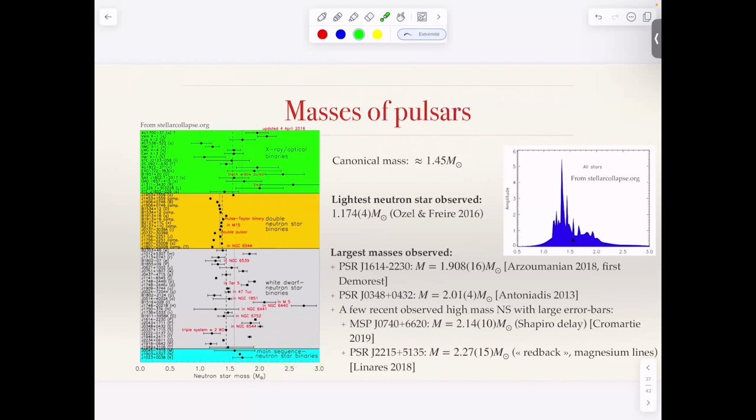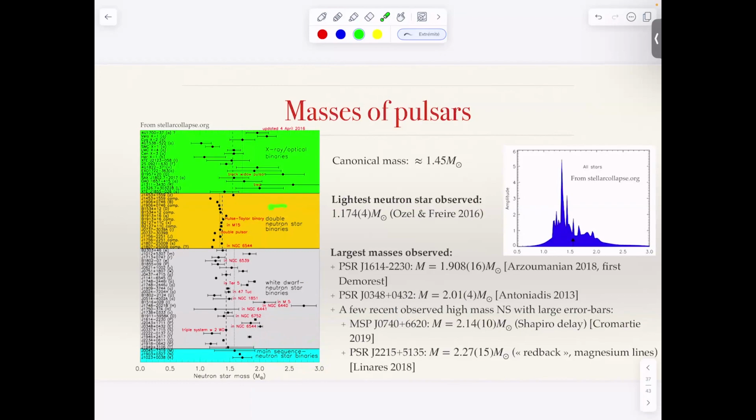Depending on what the companion of your neutron star is, you could solve, for instance, the Kepler relations in order to determine the mass of your system. And this is how it is done.